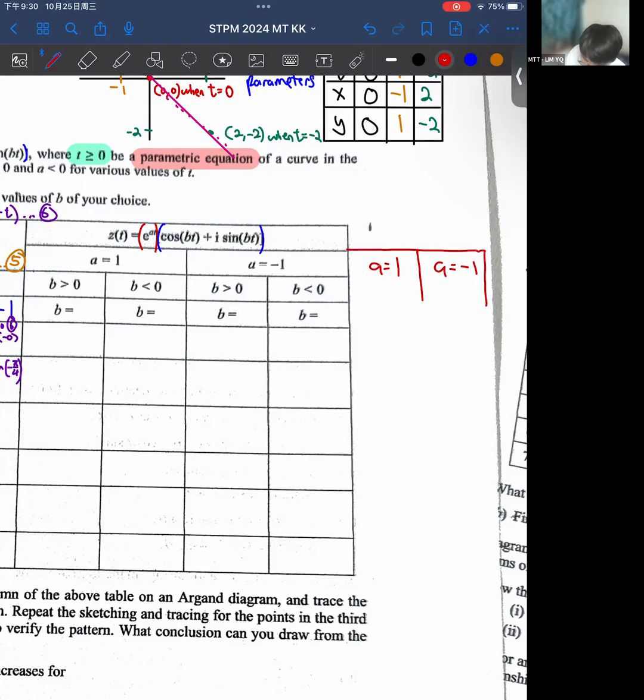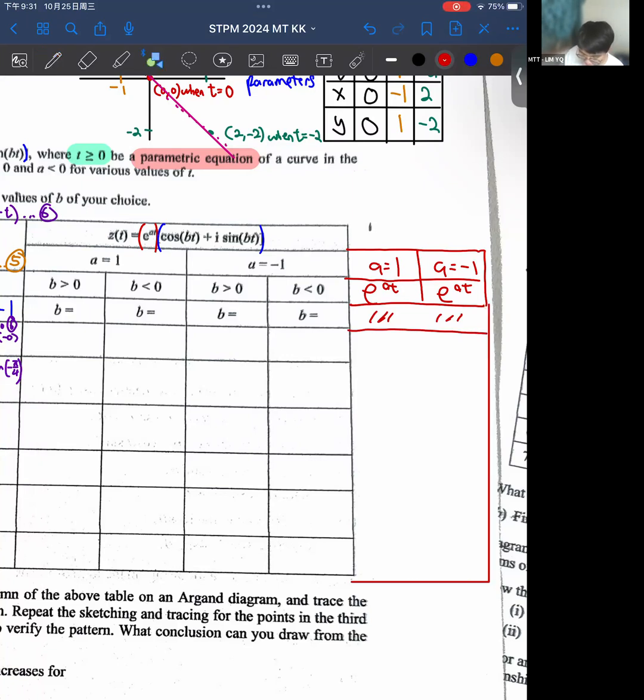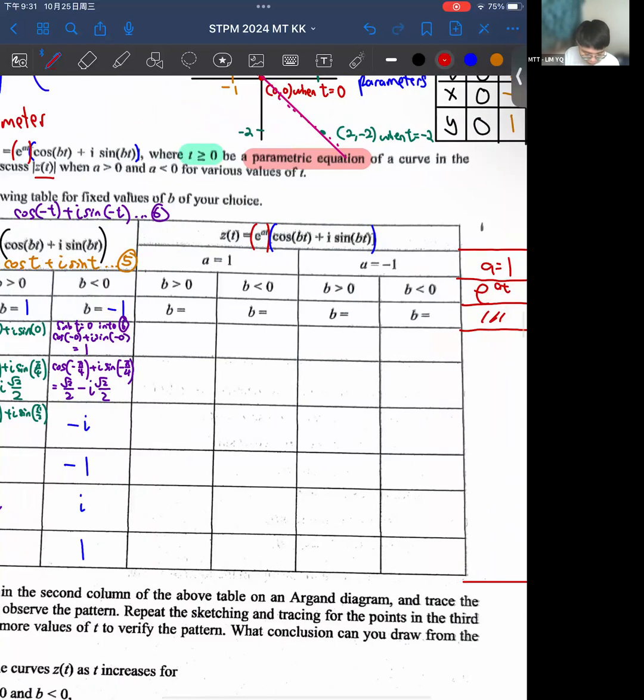And you want to find what is your value of e^(at). We start from here. Okay, it's better. Usually we do the box one, it's easier.